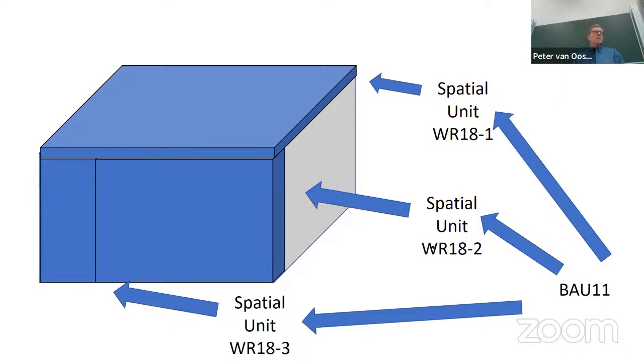So quite often there is a subdivision of the parcel number in apartment units. And these apartment units, 18-1, 18-2, 18-3, are grouped in a single basic administrative unit.